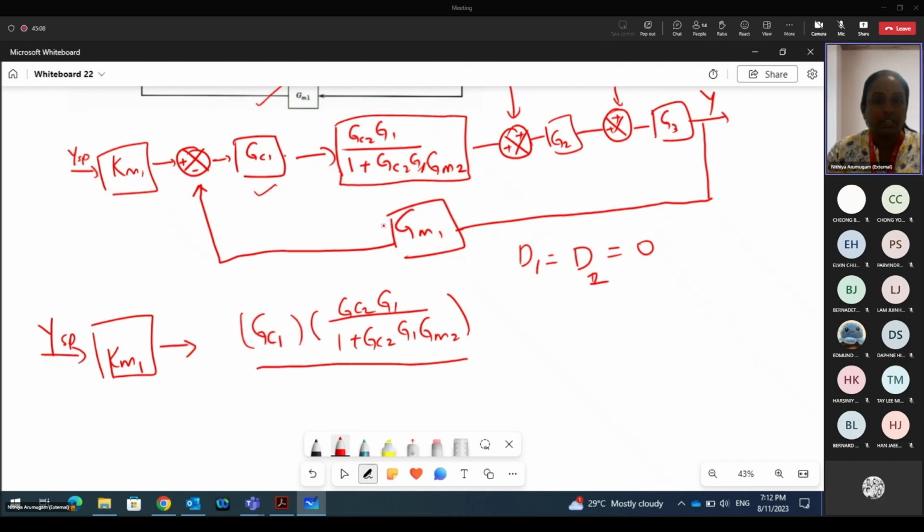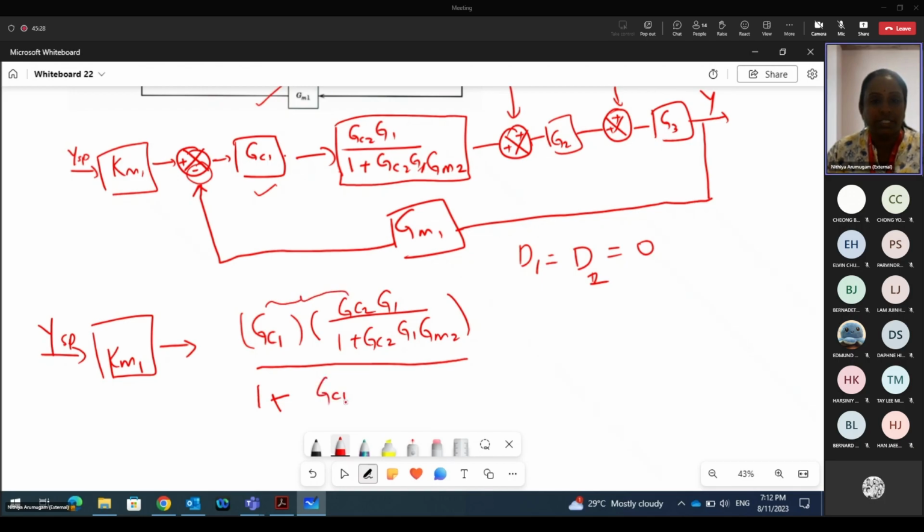And this one, I want to eliminate the feedback loop. So I'm going to put 1 minus, but here it is minus, so for me to eliminate it I make it plus. And then my current GH is all this.